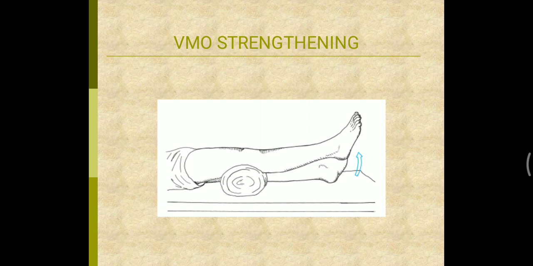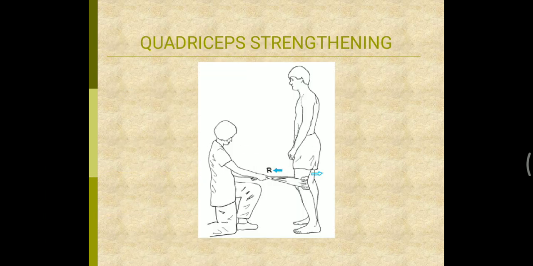Then the patient is asked to extend his knee and hold it for 10 seconds. Another is quadriceps strengthening, where the patient is standing and the therapist gives resistance with the TheraBand, and the patient is asked to extend his knee against resistance, which will strengthen the quadriceps muscle.